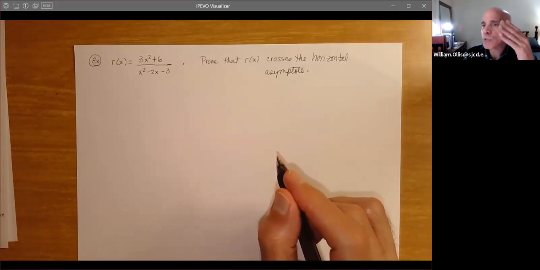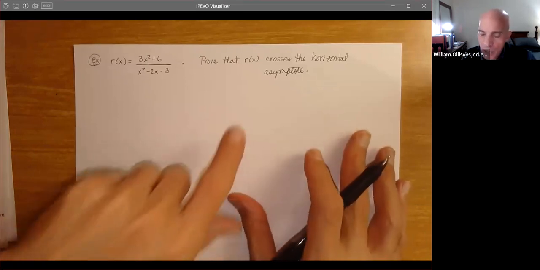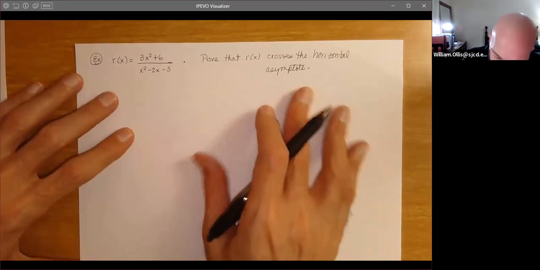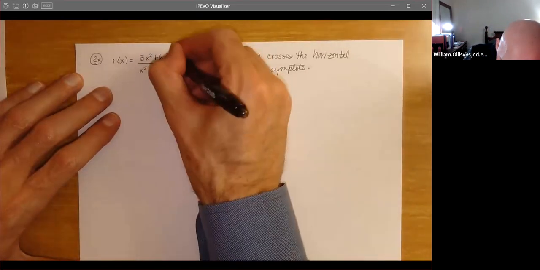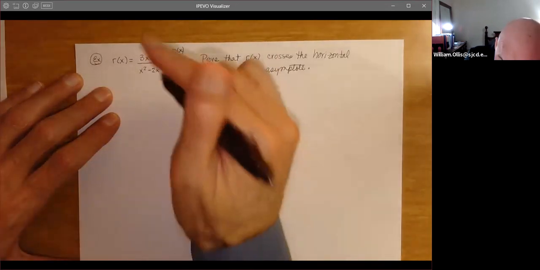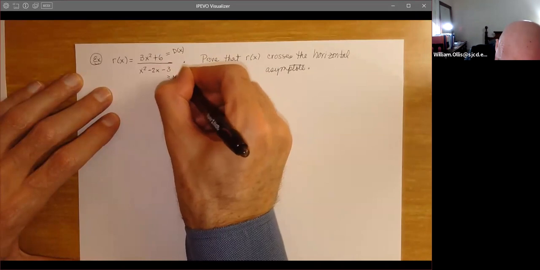But you will see slant asymptotes, oblique asymptotes, as they say in calculus. So what I want to do is just emphasize again the fact that it is possible to cross a horizontal asymptote. So what I want you to do with this problem is to prove that. Well, first off, again, we can say this is d of x, and we can say this is n of x.